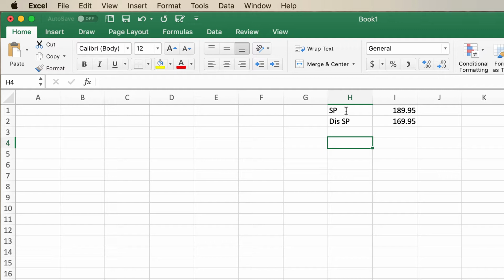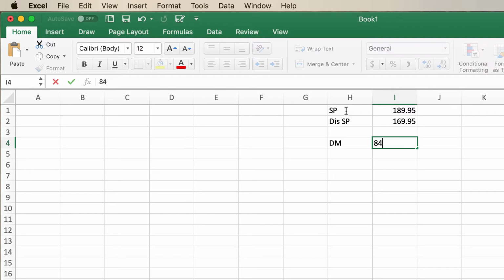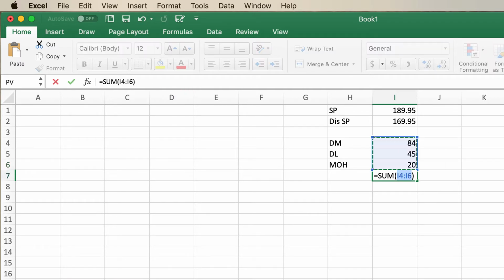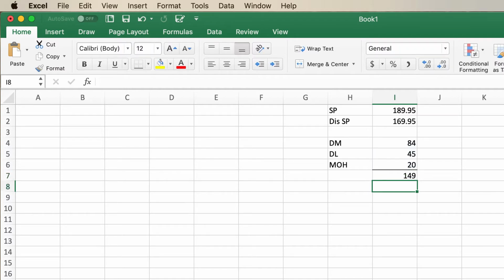The normal costs are direct material of $84. We have direct labor of $45, and we have MOH of $20. So normally if we're making a normal bracelet, we sell it for $189.95, and the unit product cost of a normal bracelet is $149.